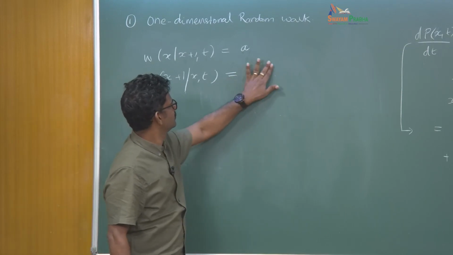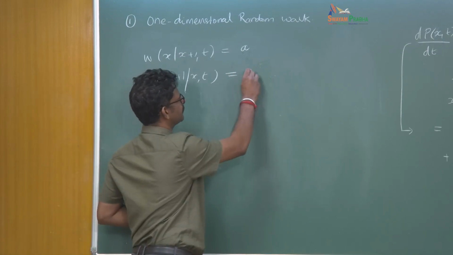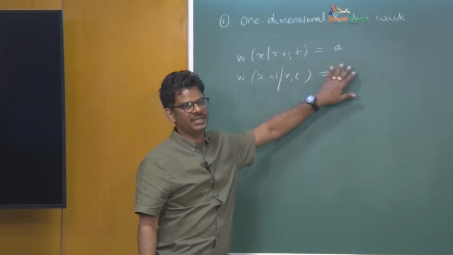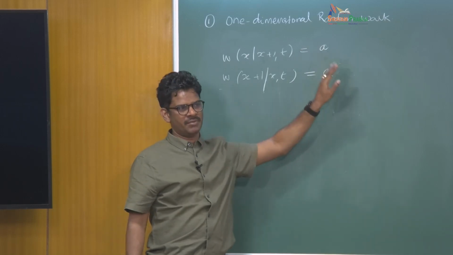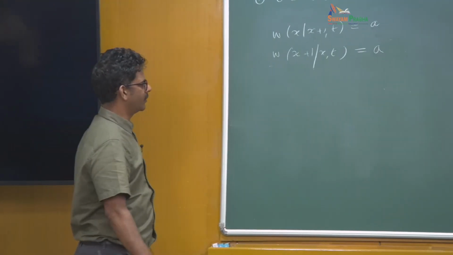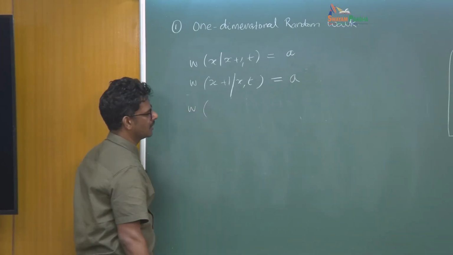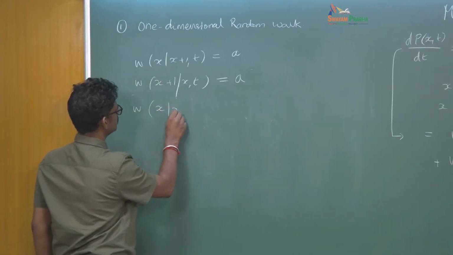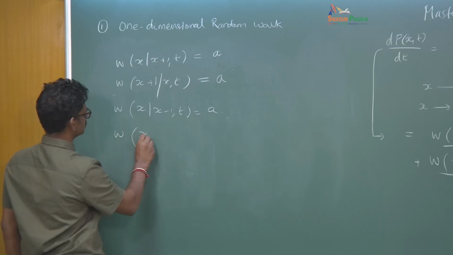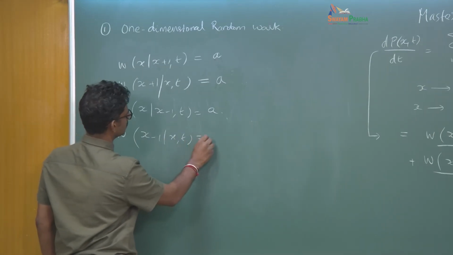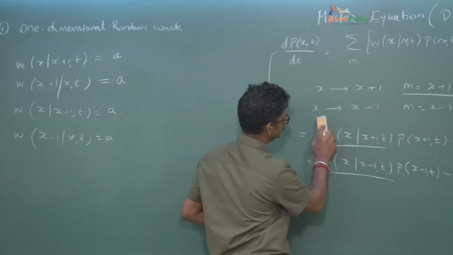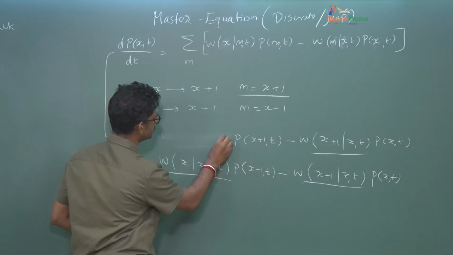Because we are not biasing. There are biased random walks too. In that case, we can define two different variables; you can put a there and b here. But now we are talking about an unbiased free Brownian particle which will have equal probability to go forward and backward. So all of them are actually a. So this becomes some constant a.